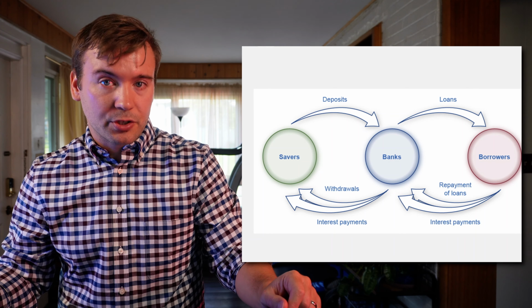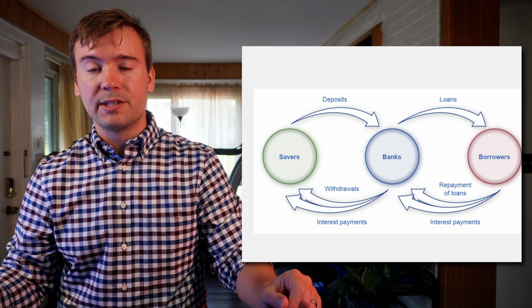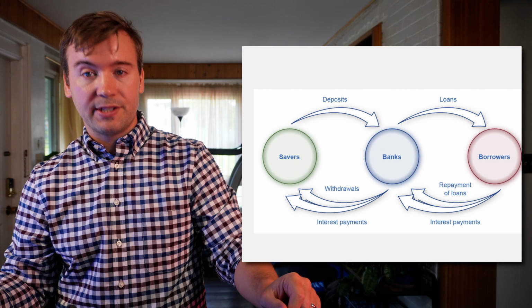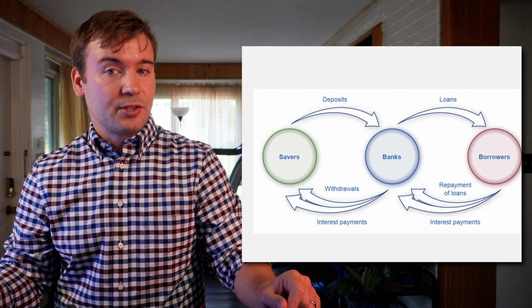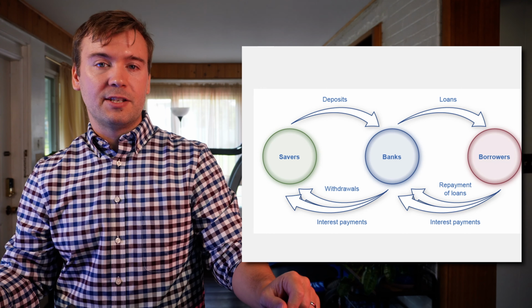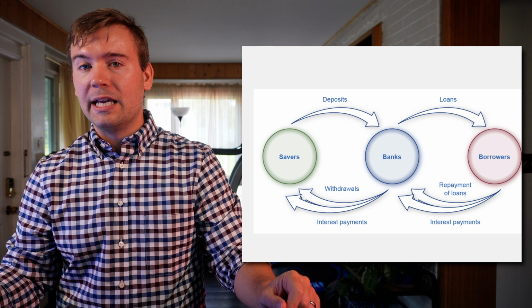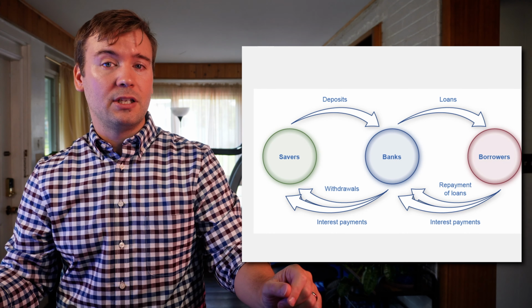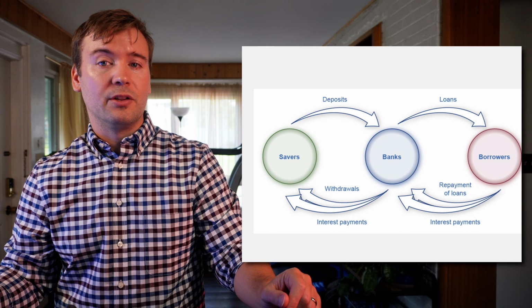The banks, in turn, use the money from loan repayments to facilitate withdrawals for savers and to pay them interest. So the bank is essentially the hub in this financial ecosystem, efficiently channeling money from those who have it to those who need it, ensuring that both sides benefit and that the economy's financial capital flows smoothly.